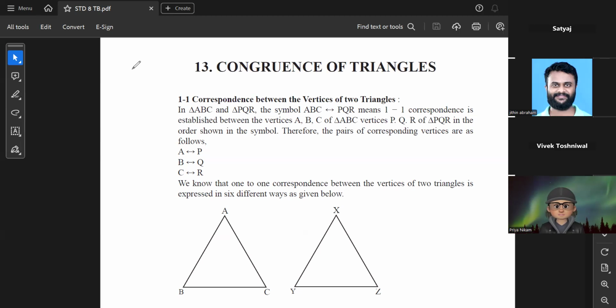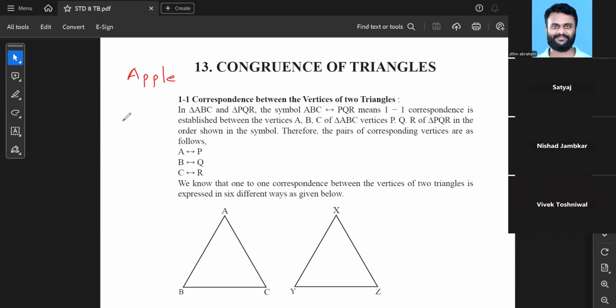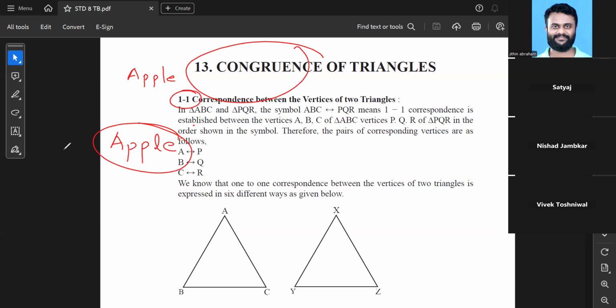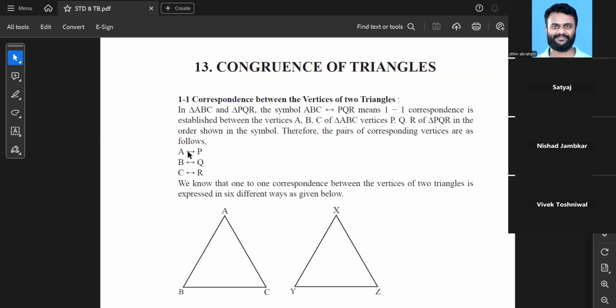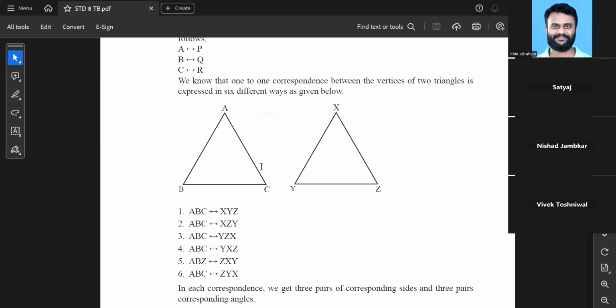Like, for example, if I wish to explain Apple, I will start with A. I will not say anything about Apple at once. I will speak about A, I will speak about P, I will speak about the second P, I will speak about L, I will speak about E, then only I will complete the Apple. Similarly, my overall target is to reach congruence, but I'm starting with the first point, that is correspondence. They are not one and the same, but it's a stepping stone or a ladder to reach congruence.